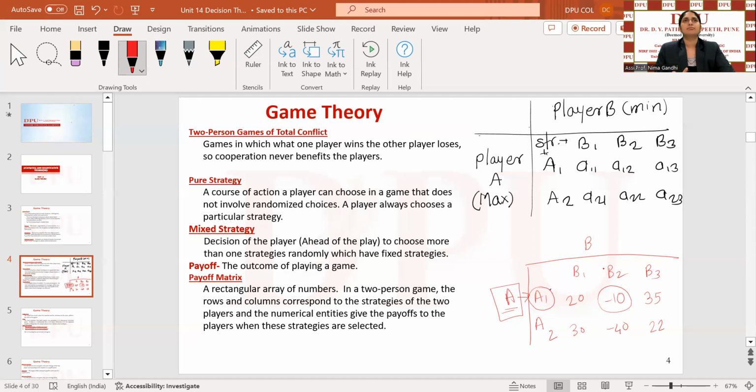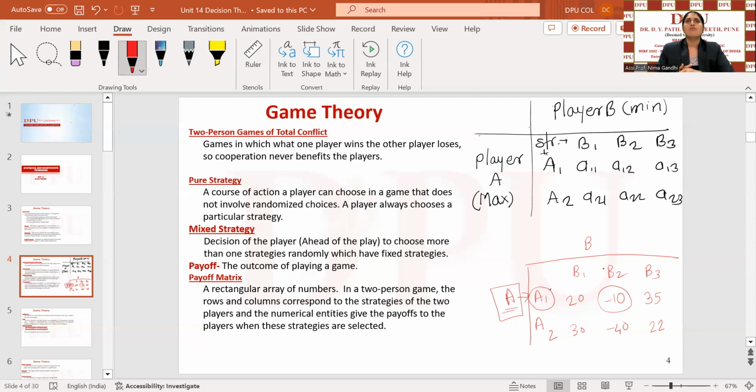So what is a pure strategy? A course of action a player can choose in a game that does not involve randomized choices. A player always chooses a particular strategy. So A comes up with only one strategy, A1 or A2, and does not combine multiple strategies. Such a game we call a pure strategy game.